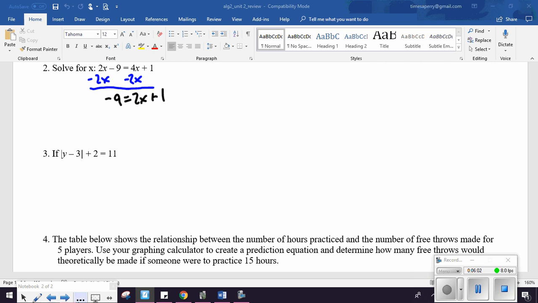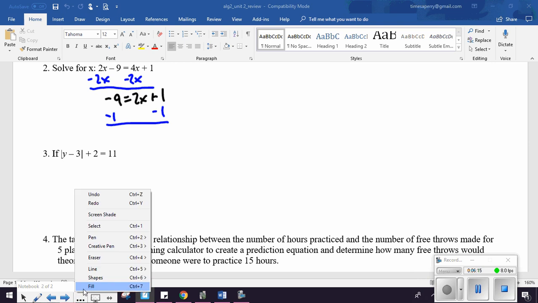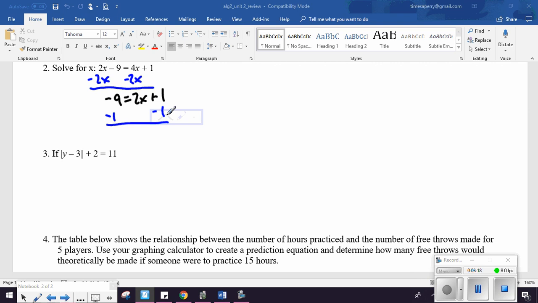And now subtract 1 from both sides because my x's are dominating the right. So that means everything else must move to the left. When I do that, I would get negative 10 equals 2x. And then if I divide both sides by positive 2, I would end up with negative 5 equals x. So negative 10 divided by positive 2 is a negative 5.